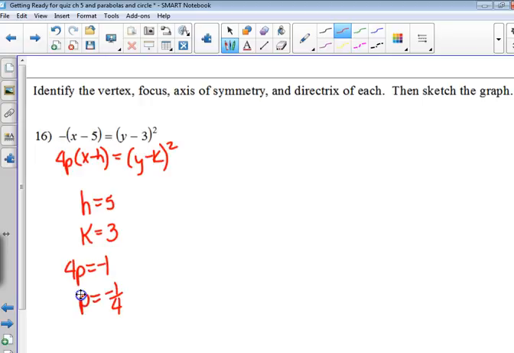So p is −1/4 or −0.25. So if I look at my sheet, this is opening which way? Sideways and left because p was negative. Yep. So then I can just follow all the recipes here.